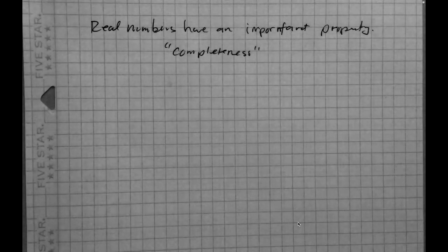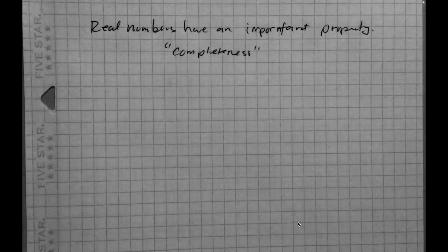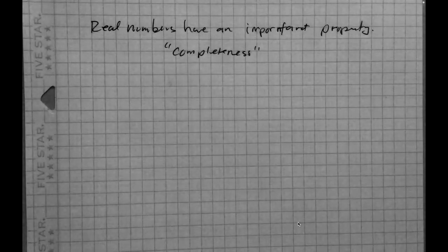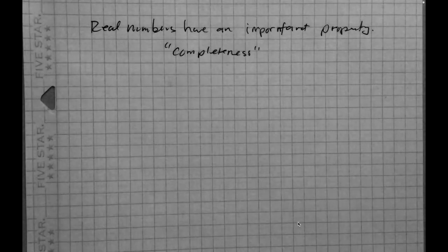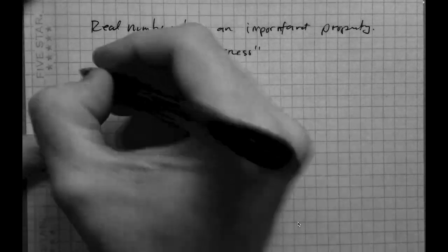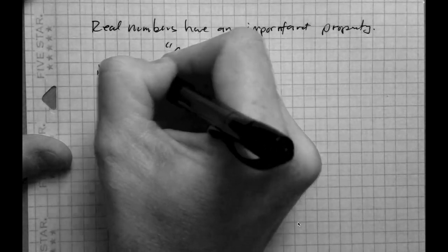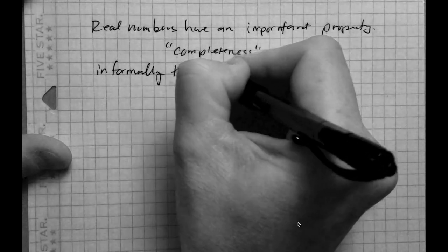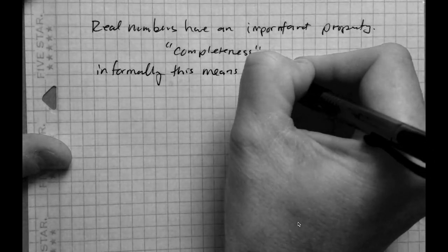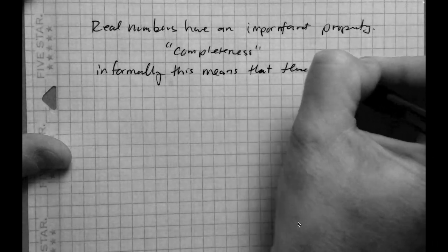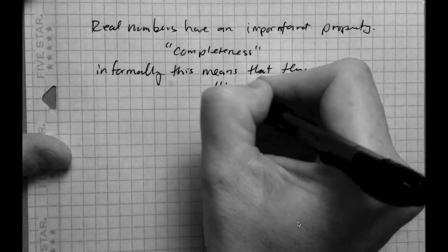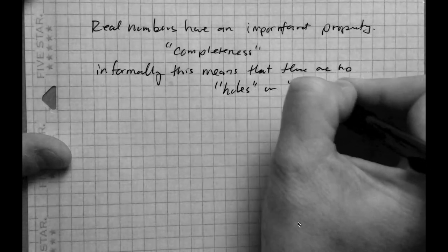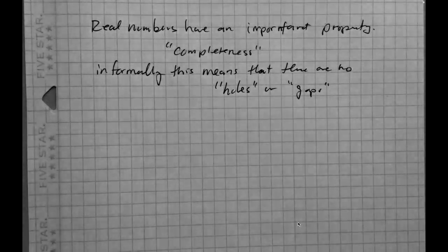That idea of the real numbers being complete is complicated, and it's more like an analysis topic again. But informally, what that means is that you can kind of say there are no holes or gaps between the numbers, right? So let's write that. Informally, this means that there are no holes or gaps, right?